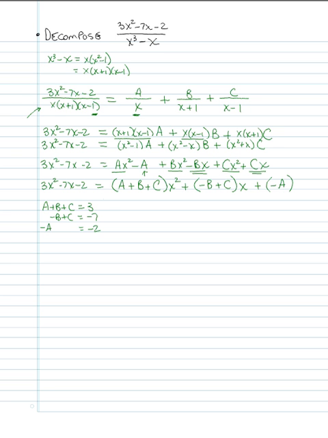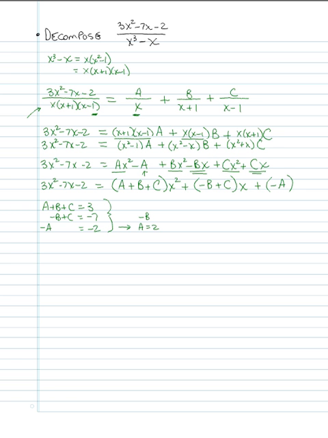So we now have a system of 3 different equations, but we have 3 different unknowns. And the first thing I would do is multiply both sides by negative 1 in this bottom equation and determine that a is equal to 2.